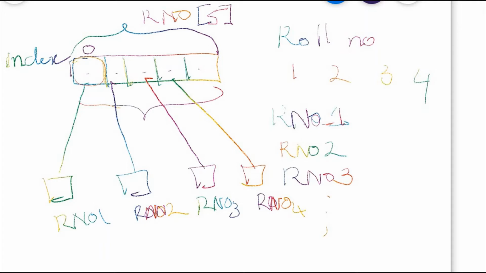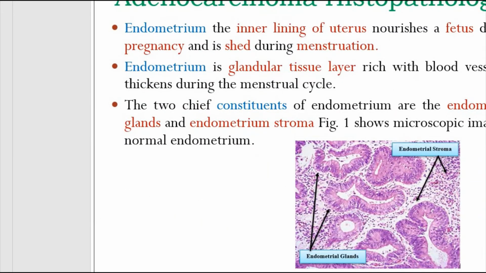So first element index value is 0, followed by 1, 2, 3, 4, and so on. That is why we say the array element starts from 0 index and up till where does it go? It goes up to array size minus 1, that is 5 minus 1. So index always starts with 0 and it extends up to array size minus 1.